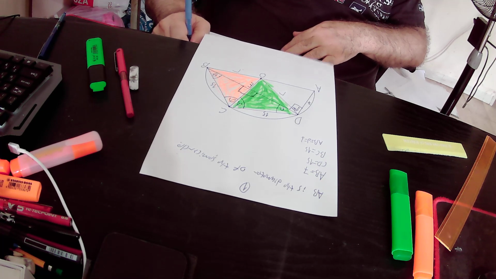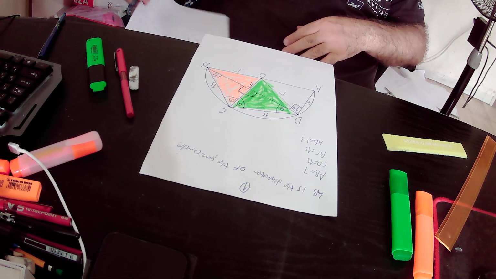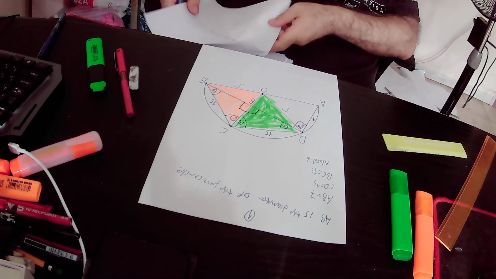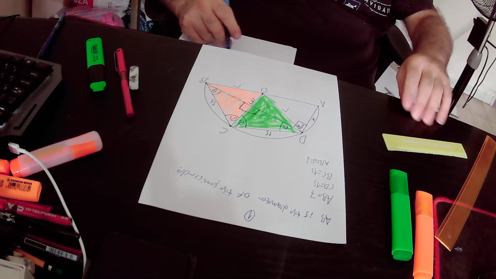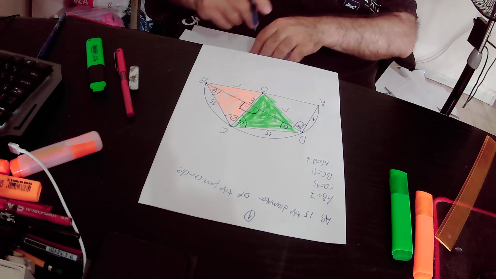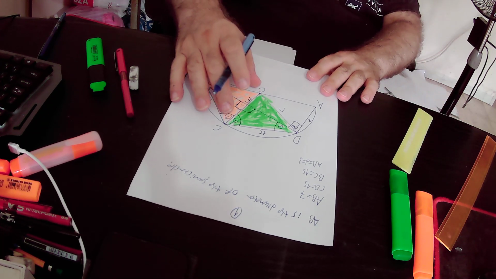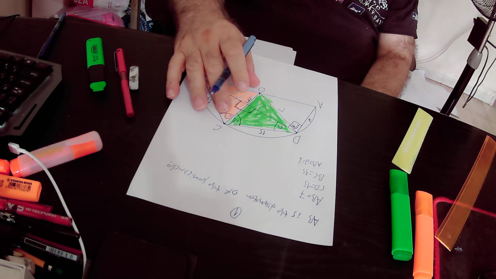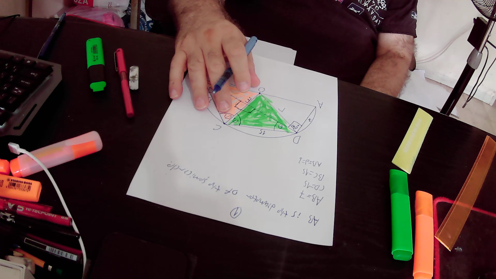So line segment OC is a straight line, and if we look at the left side of line segment OC, we know that the sum of the angles on the left side is equal to 180 degrees.